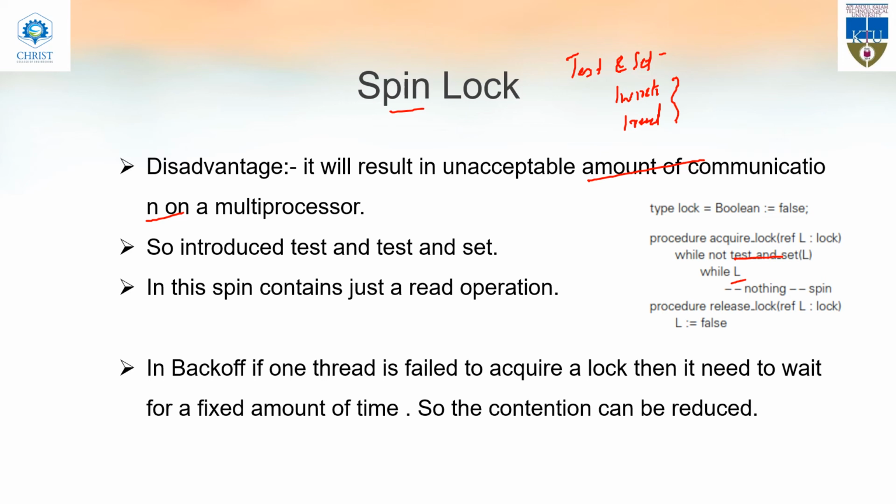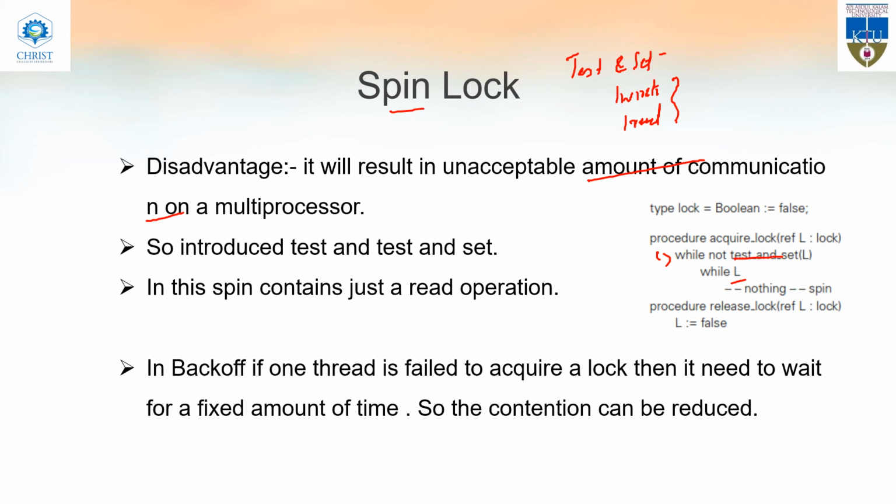So first it will check the test-and-set condition. If it cannot acquire the lock or access the resource, then it will go for only checking, no setting. So initially there will be one test and set, and after the first one, for all processes only testing.